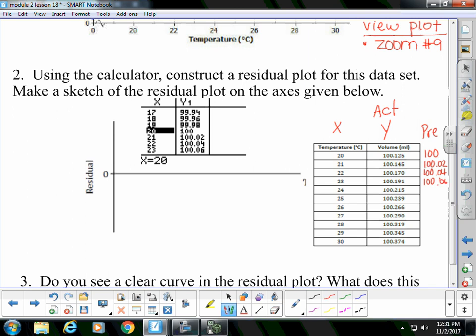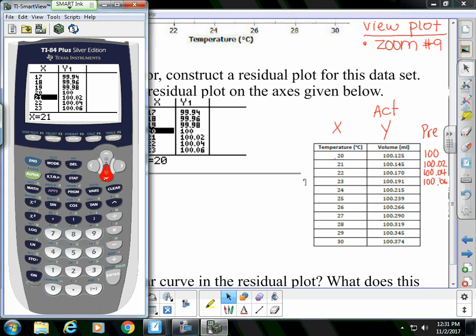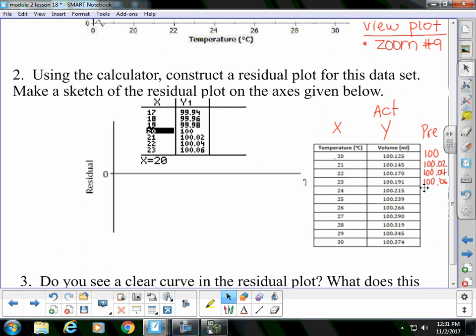I'm going to guess the next one's going to be, and that's only because the x values are increasing by 1, that you're seeing a pattern. So I'm going to guess, if I scroll down here, they're going to keep going up by, yep, so like that point 1 would be 0.10. Okay, so this one's 100.08, 100.10, 100.12, 100.14, 100.16, 100.18, and 100.20 or 0.2.